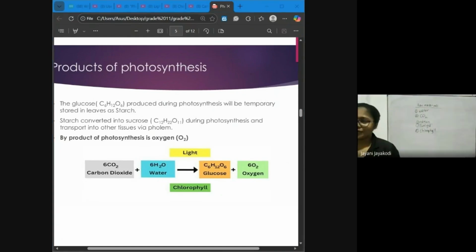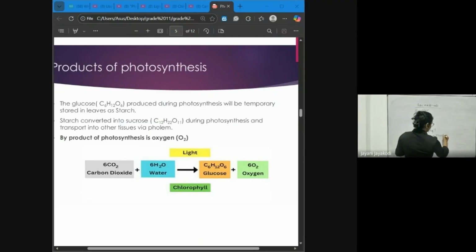Usually, when you're writing a chemical equation, you mention the ingredients and the raw materials on this side, and you make an arrow and write the products here.